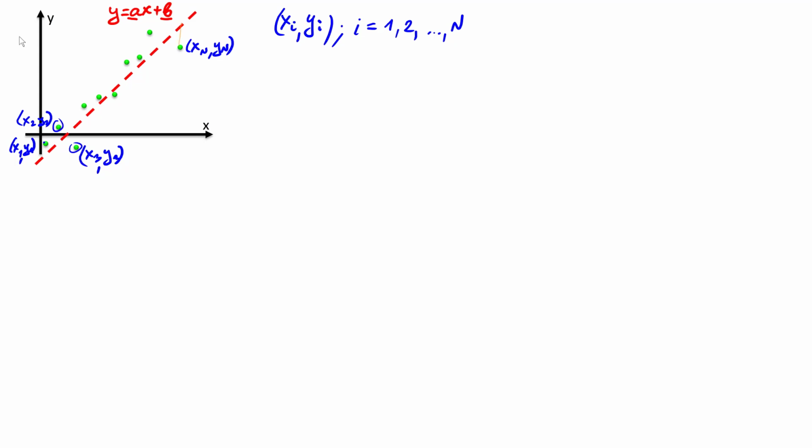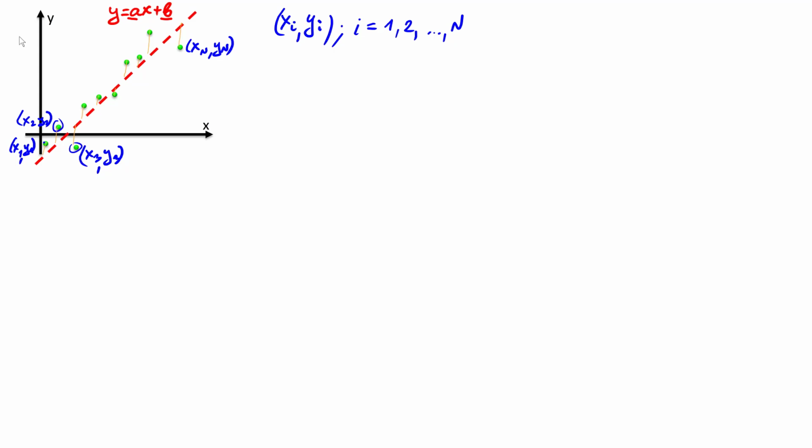So you'll have the error here and the error to that line here, and all of the other points, how far away they are vertically from that red line. Now, we want to define the equation of the cost function, which means the total error for all of the points. This is how we will define it.